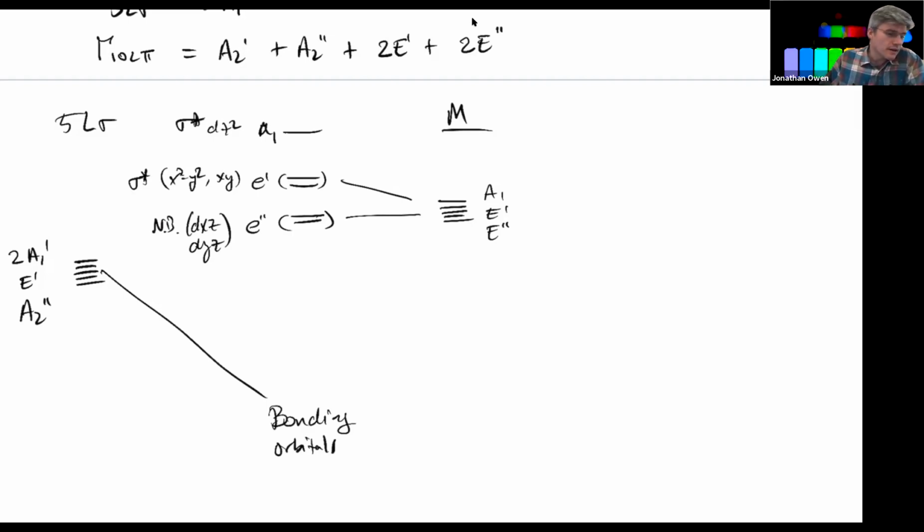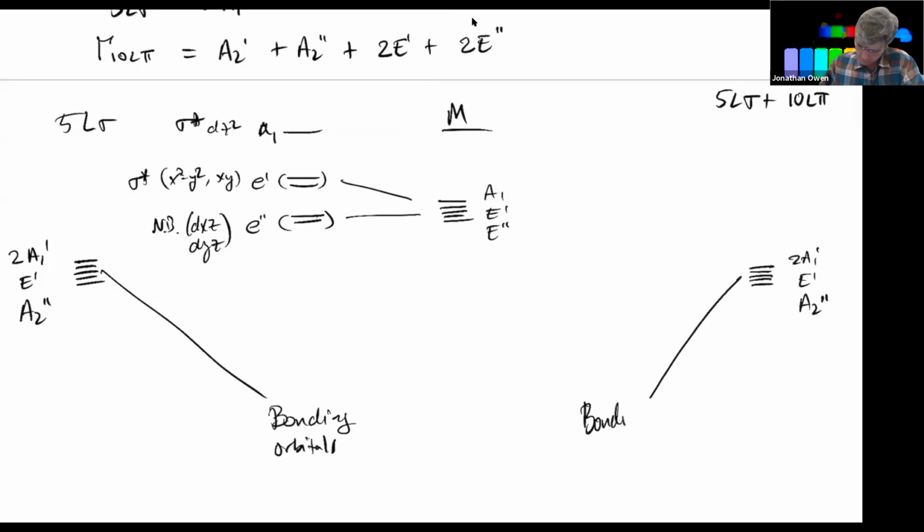All right, let's add some pi interactions. We now have to add in 1, 2, 3, 4, 5 d pi's, and these are A2 prime, A2 double prime, 2E prime, and 2E double prime.